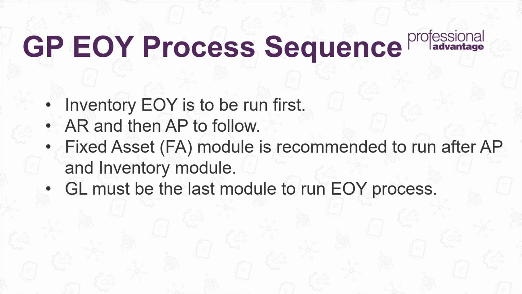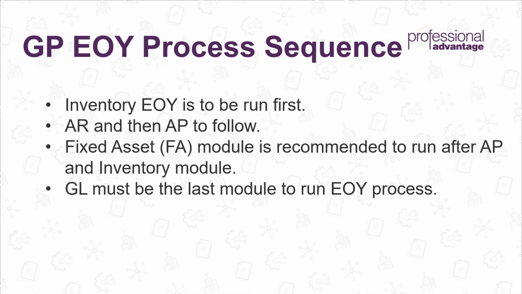The GP end of the year process: usually if an organization wishes to do year end for the sub-modules, the typical sub-modules that we would want to do end of year process for are your inventory module, AR, AP, and fixed assets.